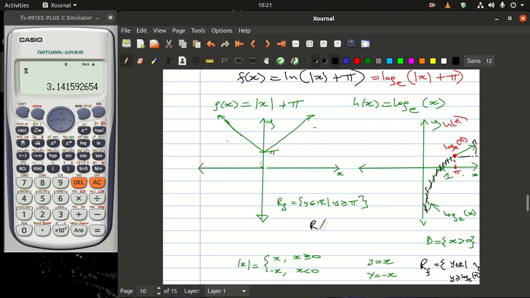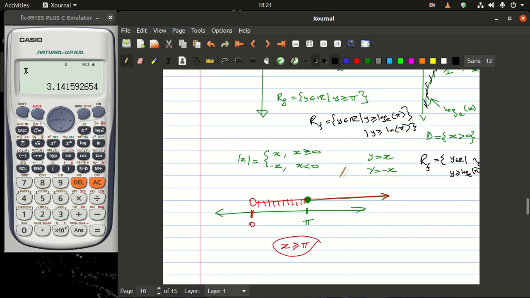So the desired range of f is y is an element of real numbers such that y is bigger than or equal to, because that point there is included, and then it takes all these values. In other words, we're going all the way up, y is greater than or equal to log e of pi. And someone might say, greater than or equal to ln of pi is one and the same thing. So that's the range of this.